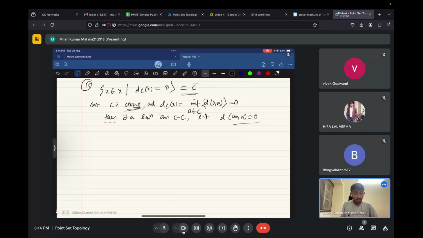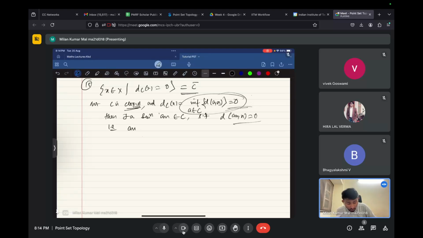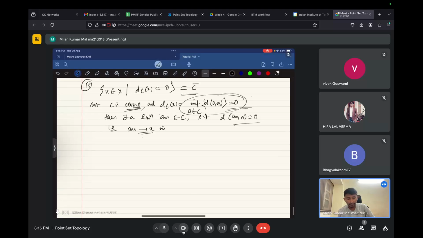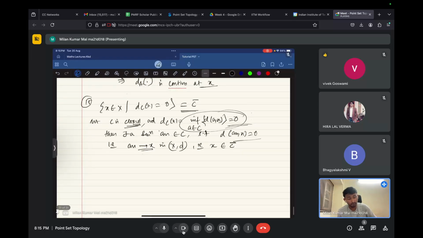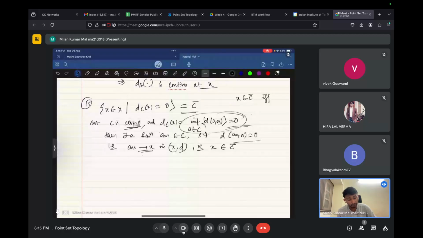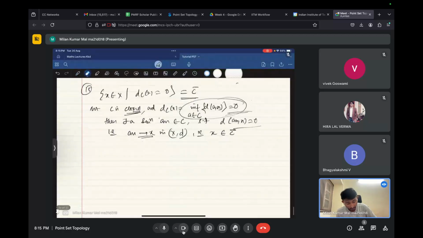Forget about looking at these things: this being 0 means there exists a sequence a_n coming from C such that d of a_n, x goes to 0. That means a_n converges to the point x in X with the topology coming from the metric d, because that is the definition of convergence of a sequence. That means x is inside the C closure. What is C closure? It is the set of limits of all those points.